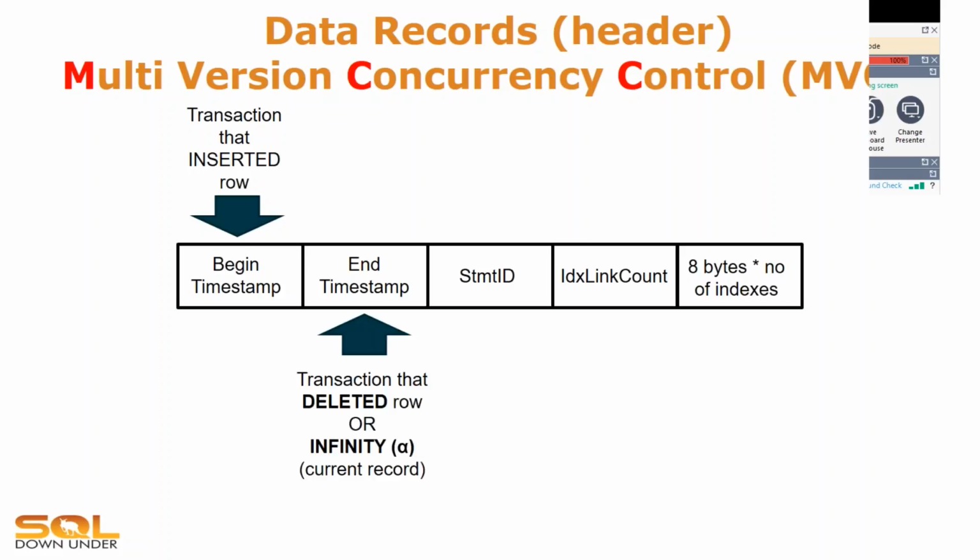The end timestamp will only be written when the record is deleted or modified. The statement ID is basically an internal helper that deals with something called Halloween protection. If you've never heard of that, that's basically just a mechanism that stops SQL Server or a database in general from reading the same record multiple times.